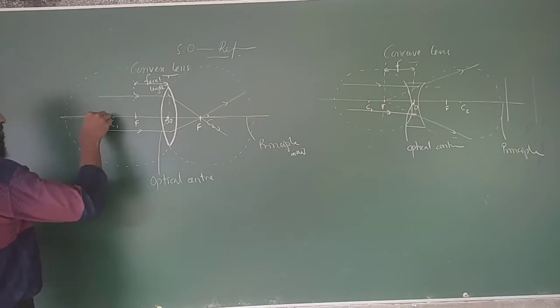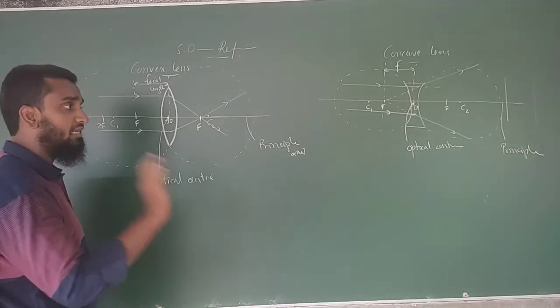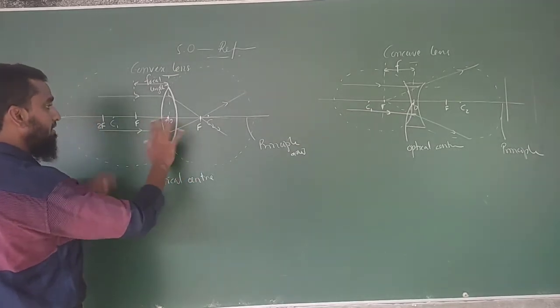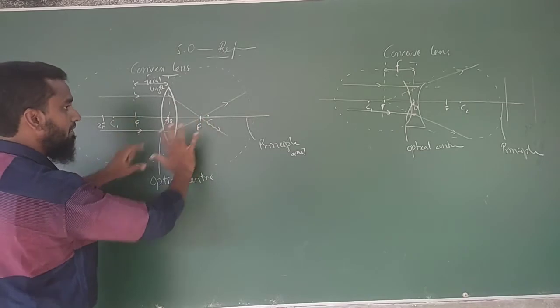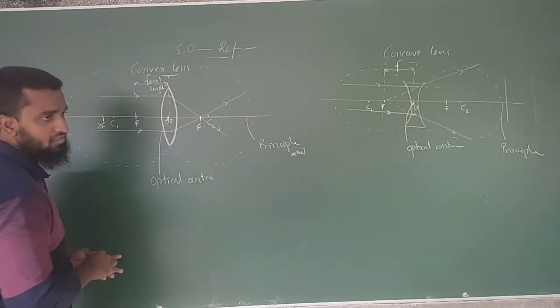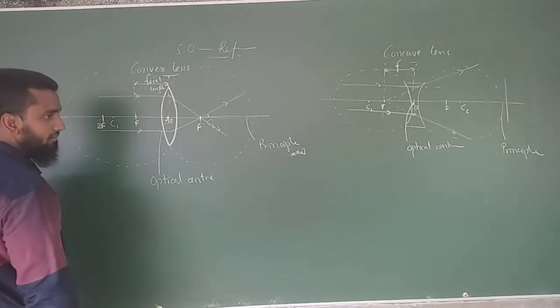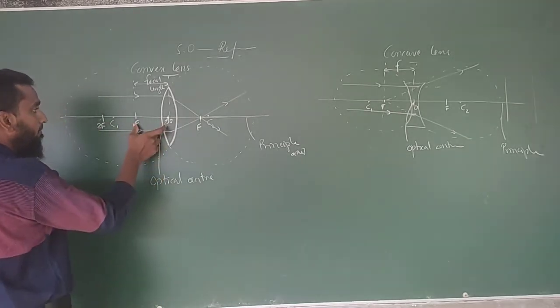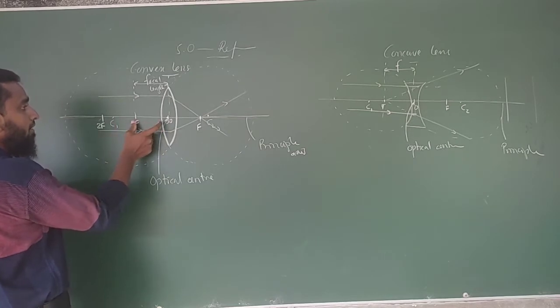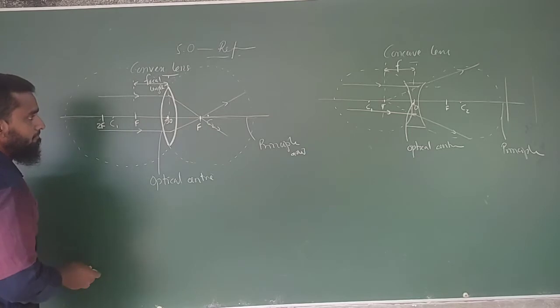That is going to be considered the second focus, not the secondary focus. The secondary focus is here, that concept is different. Second focus means the point at double the focal length from the optical center.